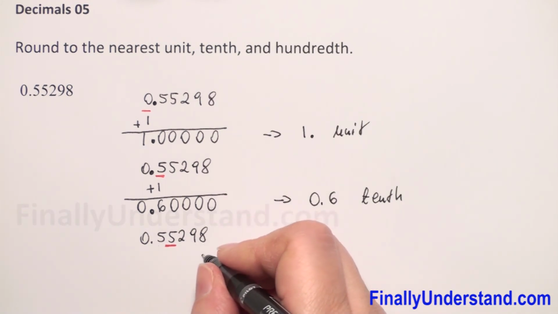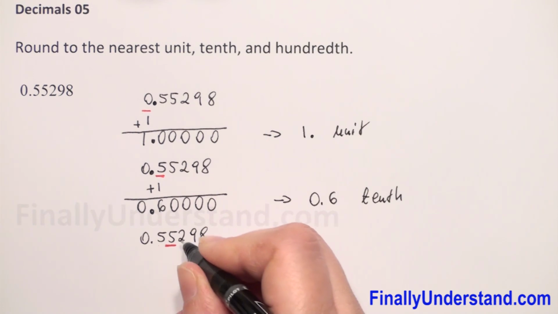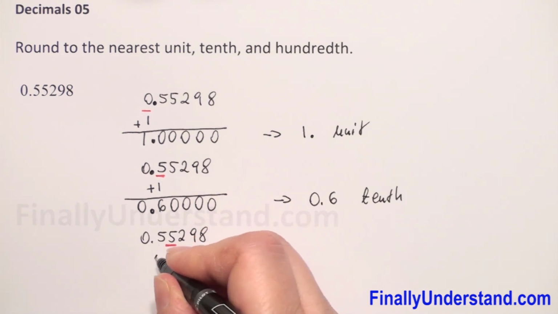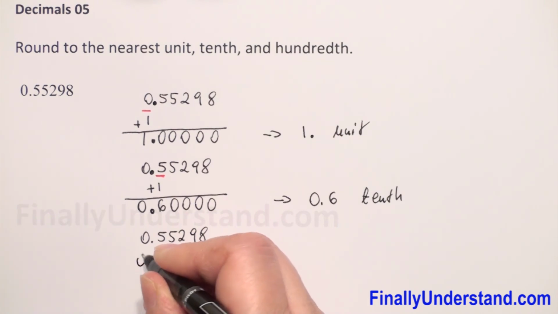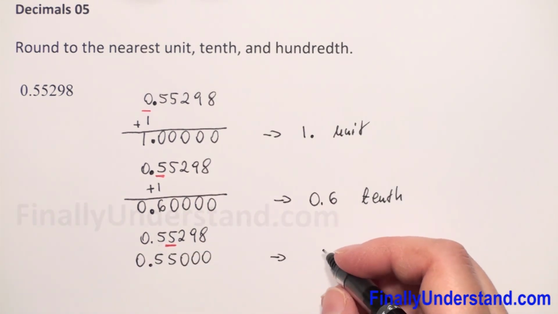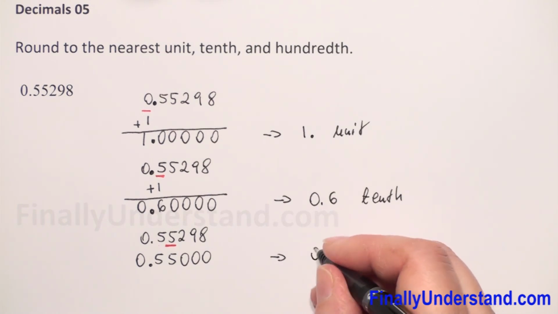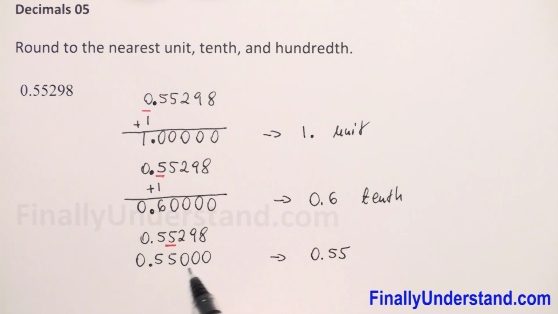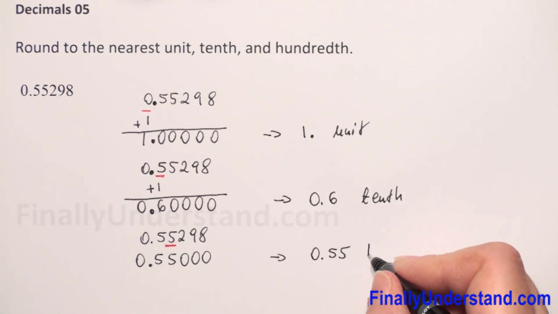So 8 will now be 0, 9 will be 0, 2 will be 0, and the rest we have to copy: 5, 5, and decimal point, 0. So our number will be 0.55. We don't need the zeros because they don't change the value of our number. So this is my solution.